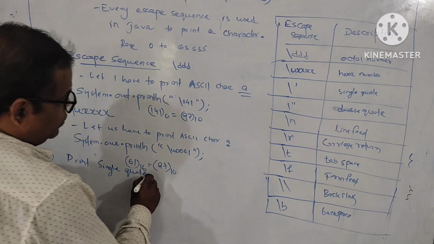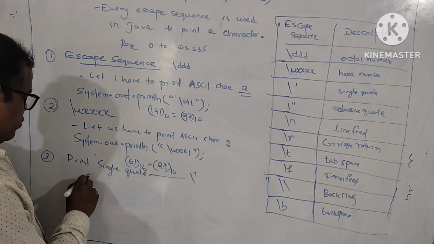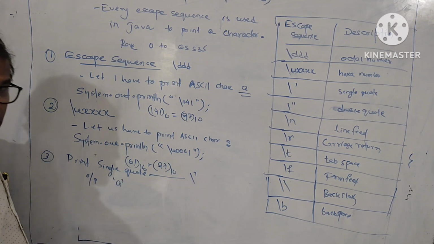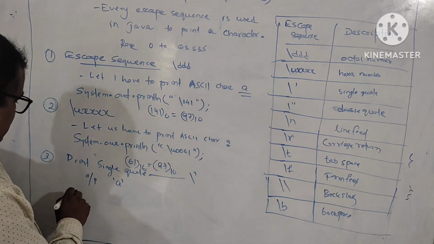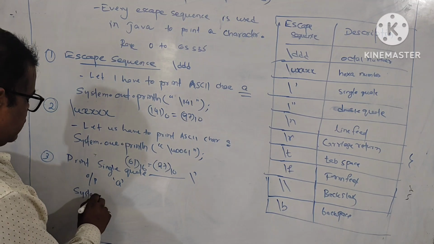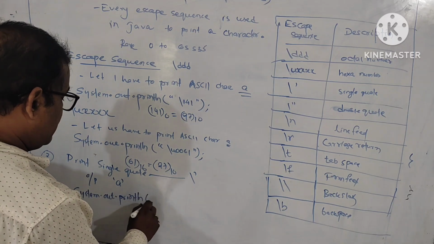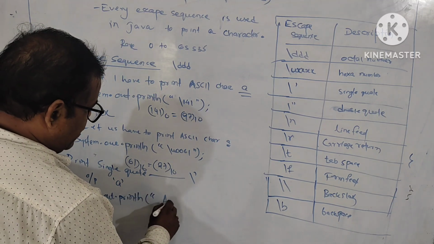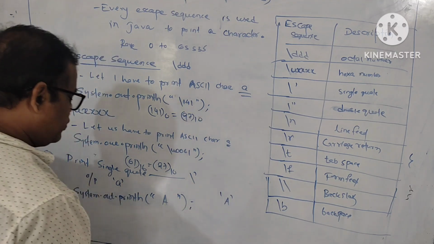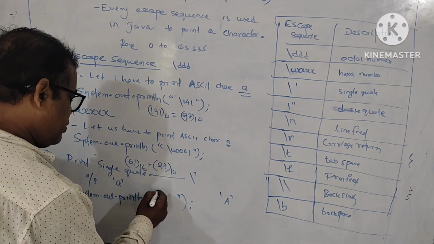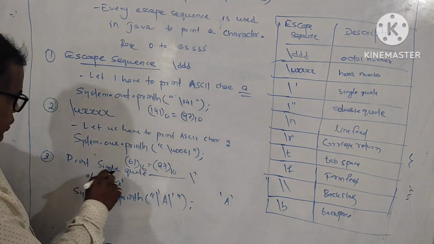Suppose I want the output A. I will write System.out.print A, and it will show only the output A. But if you want to put it in single quotes, you have to write a backslash before it, and after A write a backslash single quote. So this is the single quote.